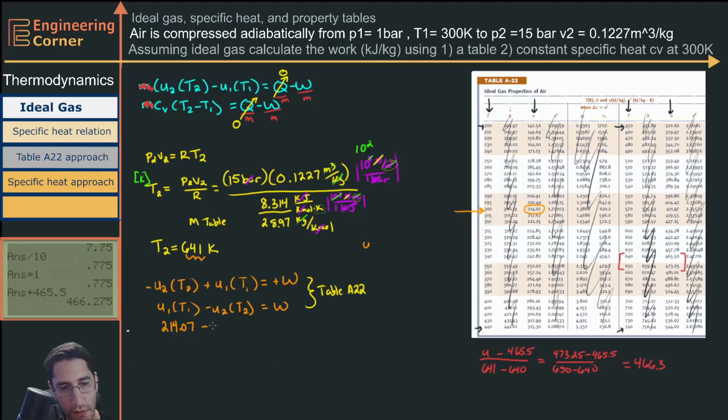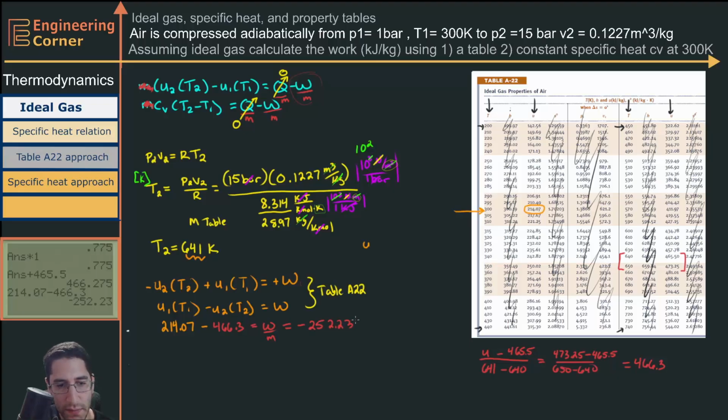Okay, so then we're going to subtract 466.3. And that's going to give me my work. So my work is going to equal 214.07 minus 466.3, which is minus 252.23. And I had forgotten when I rewrote this, but this is really work per m.